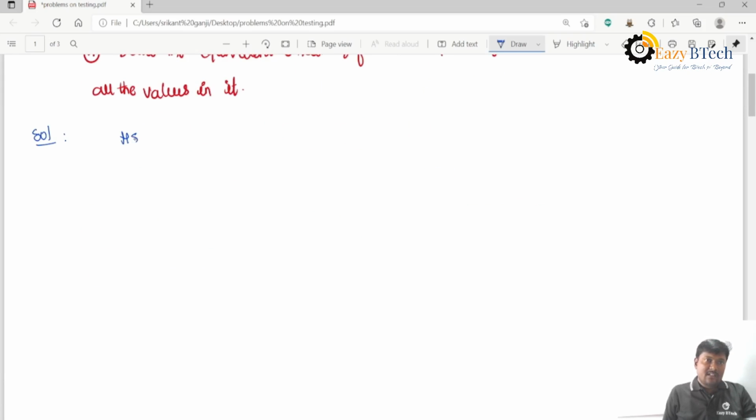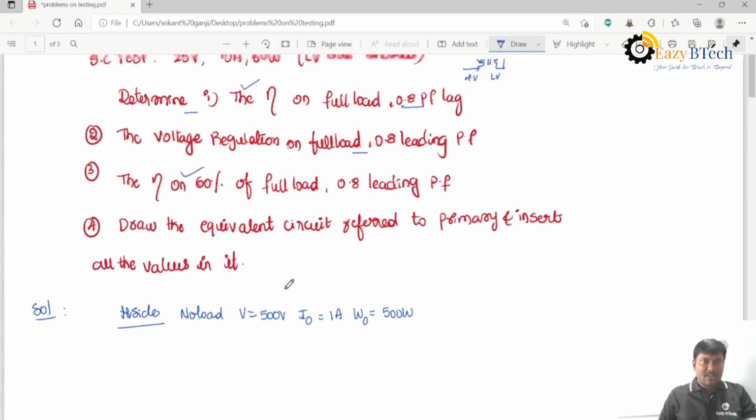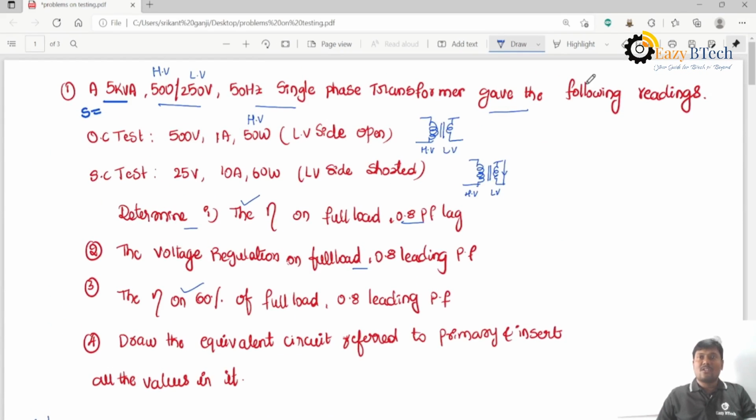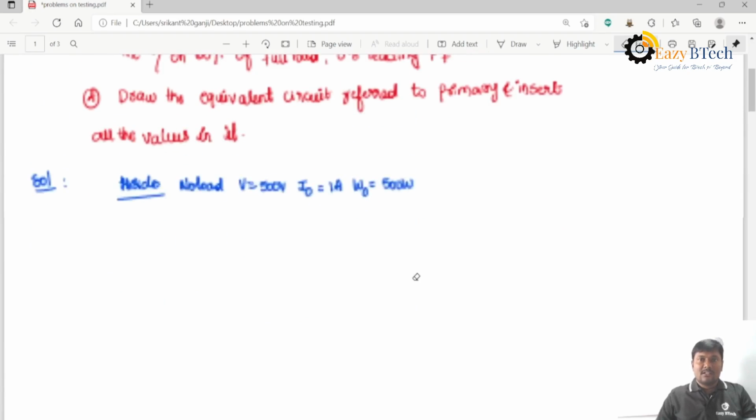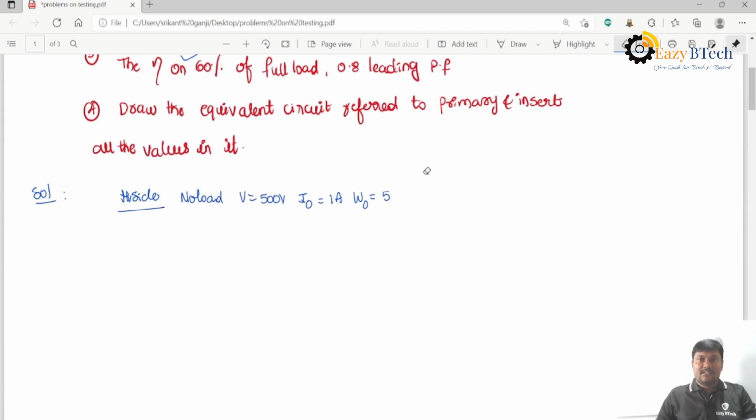So HV side, the no load parameters are: V is equal to 500 volts, the no load current is 1 ampere, and W0 is equal to 50 watts. W0 is equal to V into I0 cos phi 0.